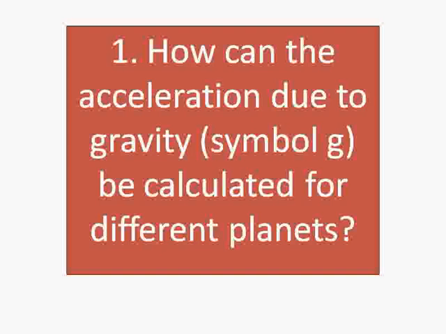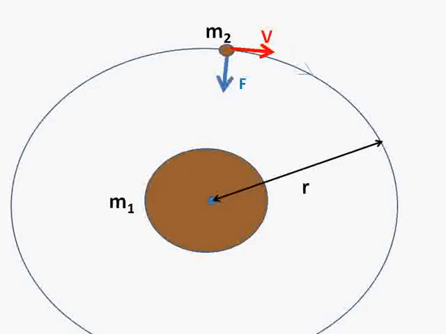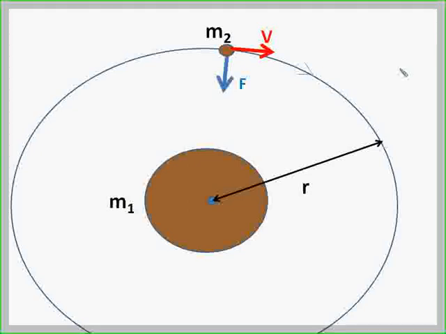So what I'm going to ask you to do is look at this here, work with your table partner. We just figured out that up here at this point, the acceleration due to gravity due to m1 equals big G times m1 over r squared.